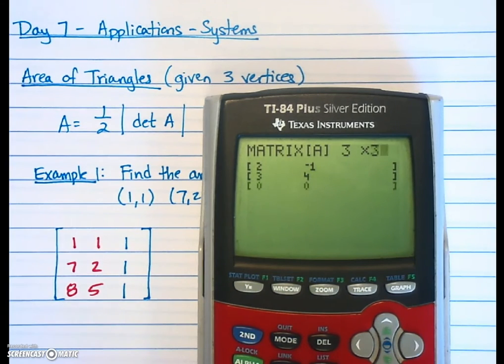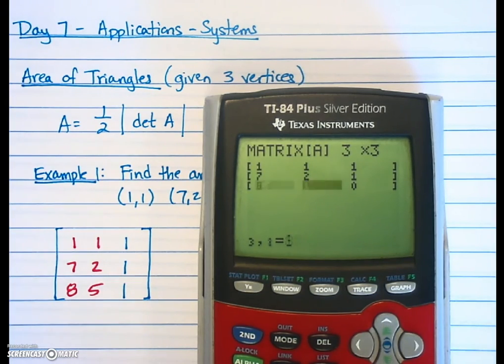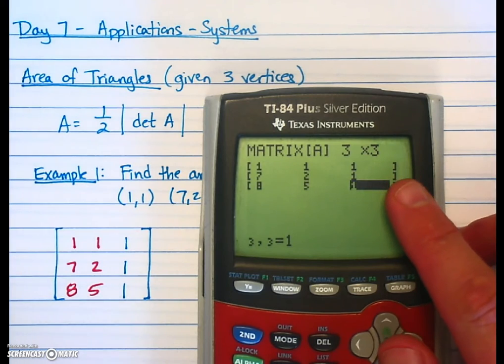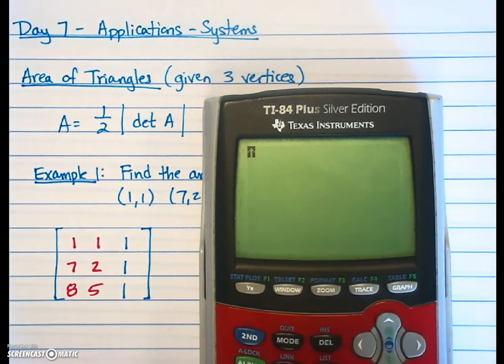So we have a 3 by 3, 1, 1, 1, 7, 2, 1, 8, 5, 1. Got a little ahead of myself there. So let me double check. 1, 1, 1, 7, 2, 1, 8, 5, 1. All right, I'm going to quit, and I'm going to go matrix math determinant, and that's going to be of matrix A, and my determinant is 17.